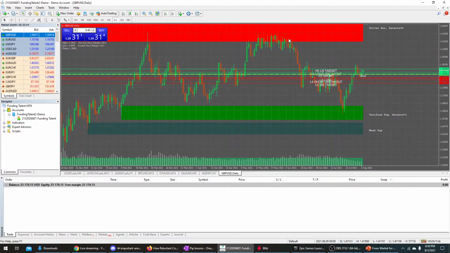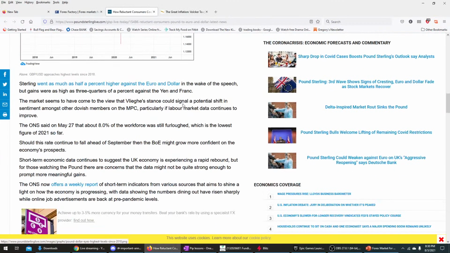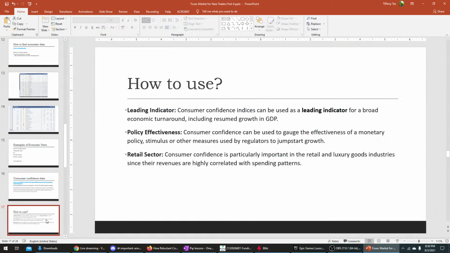I think it's right here, and this is the result. We had a lot of selling on the pound dollar. After that, it was topping out, so it makes sense that the catalyst where they're tapering, the taper, caused the pound dollar to sell off. Well, that's about it for that news.